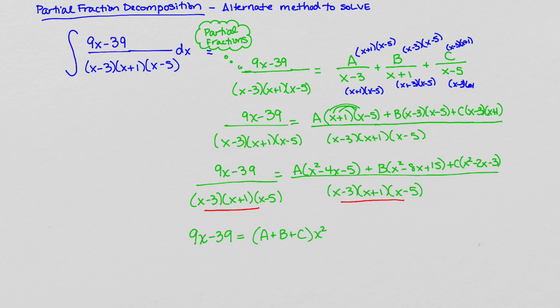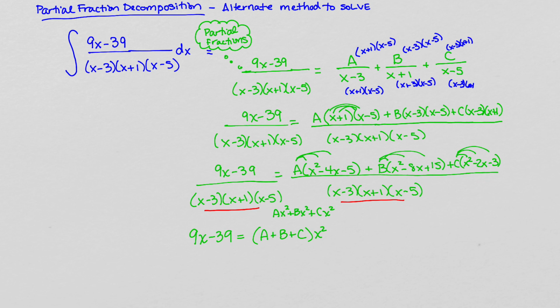The x squareds are all going to get together, meaning if I was to use the distributive property and distribute the a, b, and c through to each trinomial, and then I combined like terms, for instance, you would see that you have an ax squared plus a bx squared plus a cx squared.